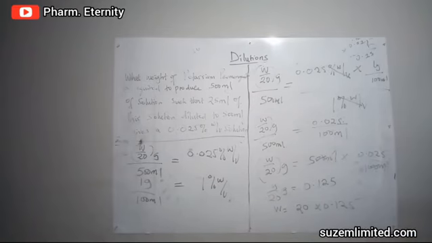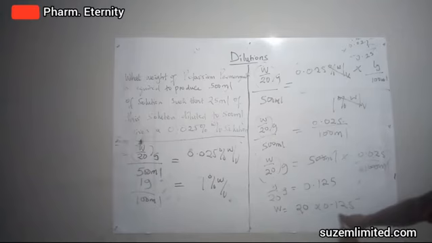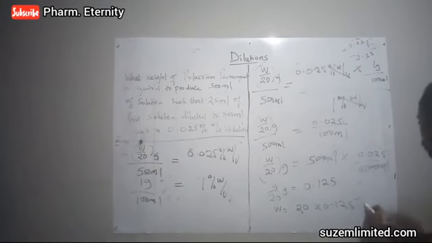And 20 times 0.125 will give 1.25, and 1.25 times 2 will give you 2.5.